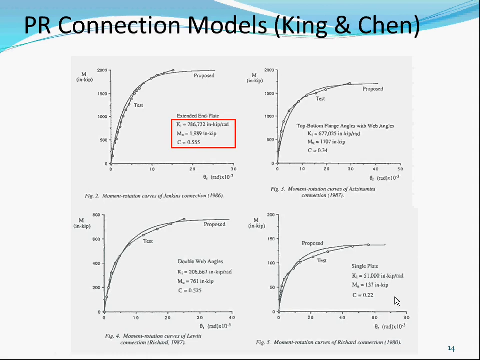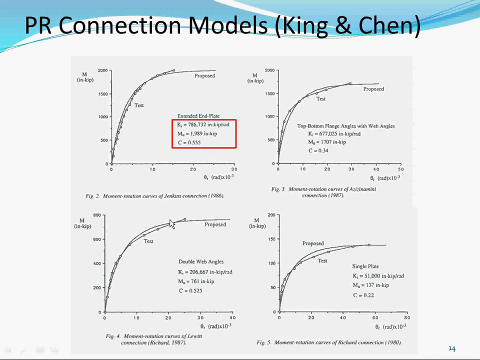What people have is a whole bunch of data in a database. They could go look it up and use these C values to approximate their connection. A lot of people do this for wind design, like on the East Coast, when they use those bottom seats.